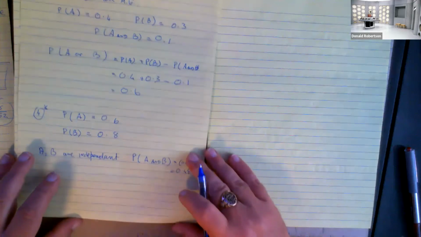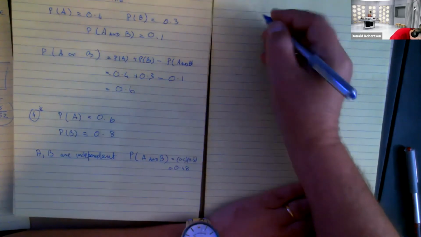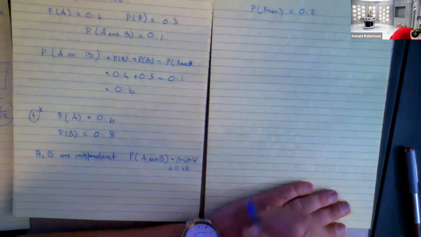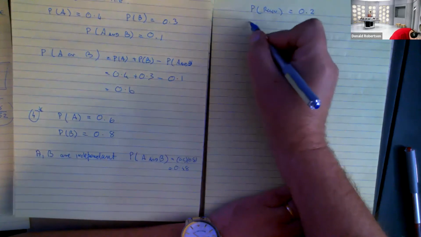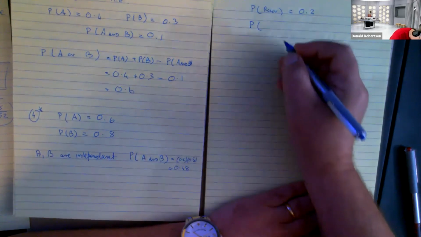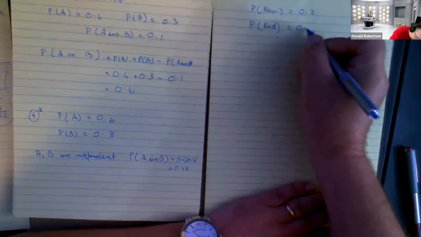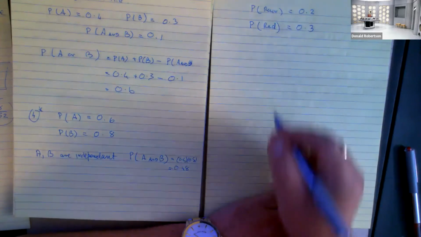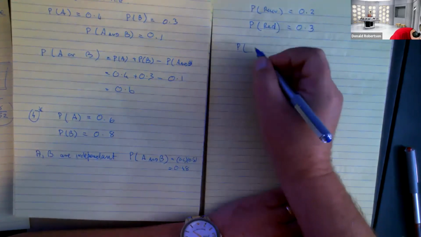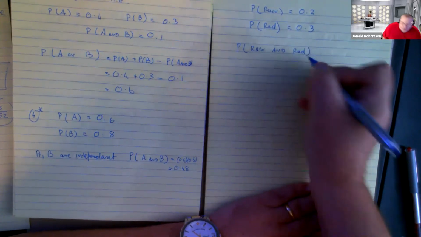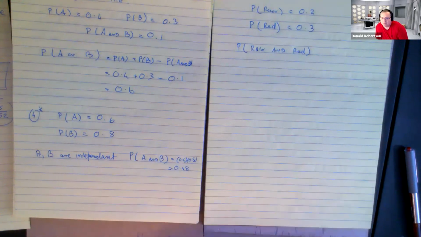Suppose the probability that it rains tomorrow is 0.2. And let's suppose the probability that I wear red tomorrow is 0.3. So what's the probability that it rains tomorrow and I wear red tomorrow? Would you agree first that whether it rains or not, or whether I wear red tomorrow or not, they are not connected?